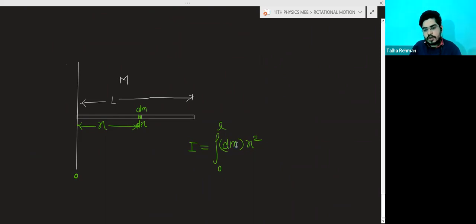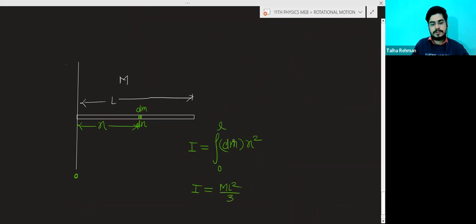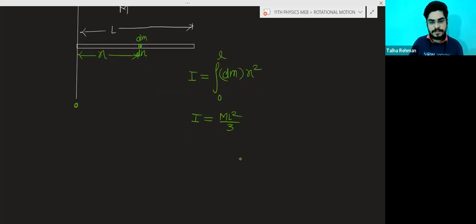Now if you solve this, you will get the moment of inertia. I think it will be ml square by 3. You will get ml square by 3. Same thing you have to do by replacing this mass m. How will you replace the mass m?